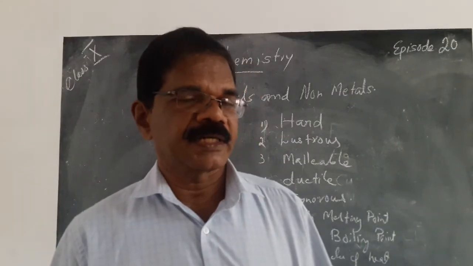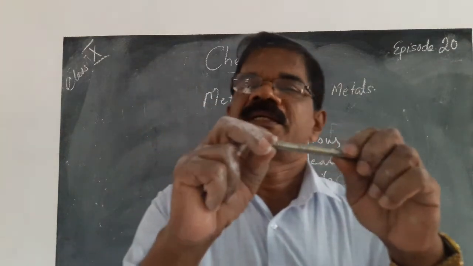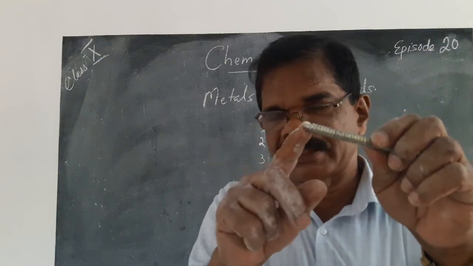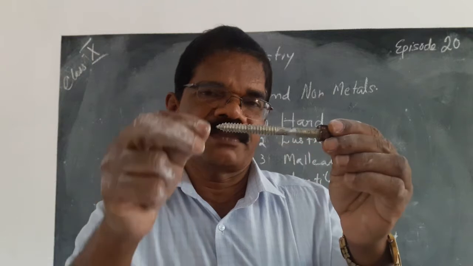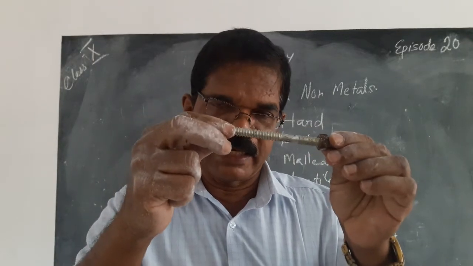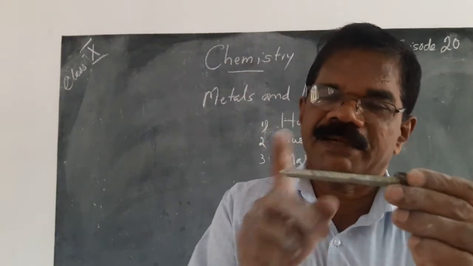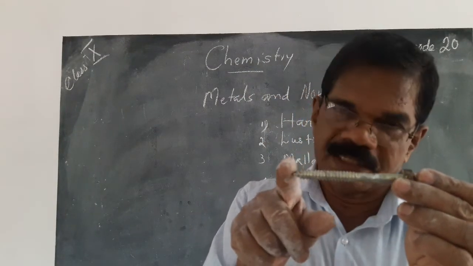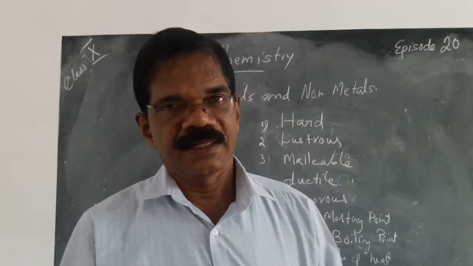In your textbook, there is an experiment: on a stand, a pin is placed using wax, and one end is heated. After some time, the wax melts and the pin drops. Why does this happen? On heating this end, the heat is transferred to the other end, so it is a good conductor of heat.